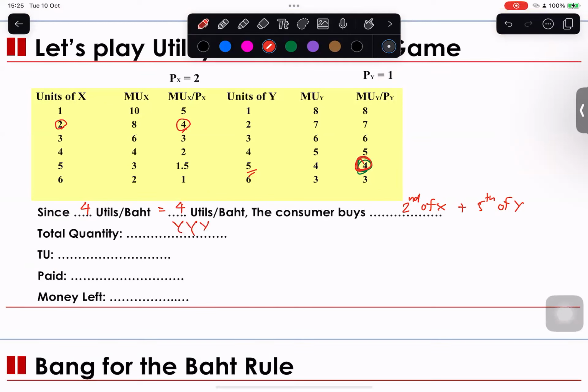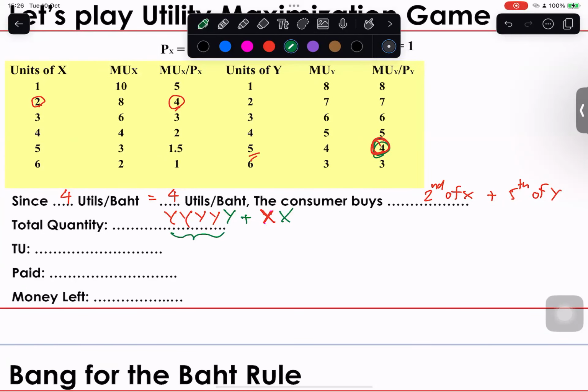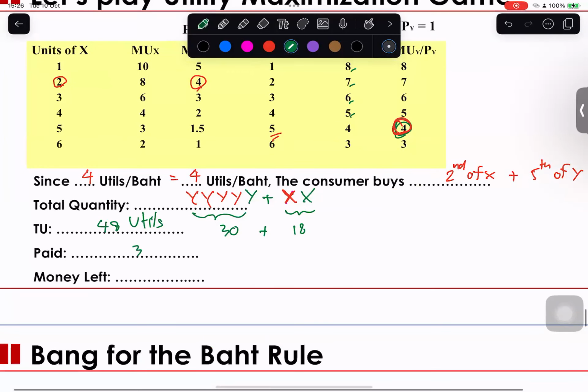Now, yeah, this round he placed the 5th unit of Y and the second unit of good X like this. Job done.